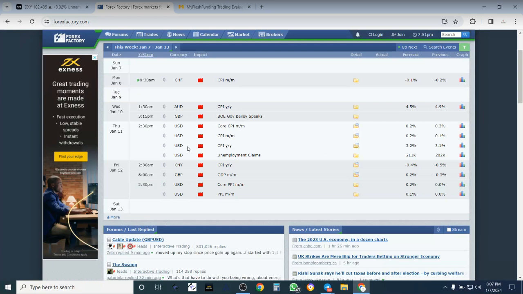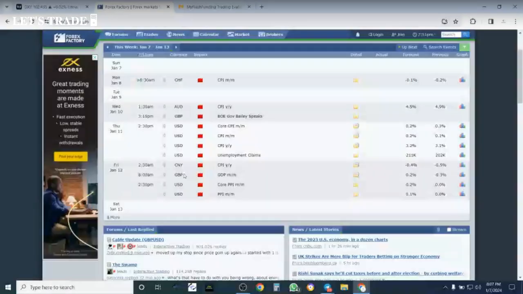It's going to decide if we are going to break below that monthly support zone or we are going to continue going higher, because I think after NFP, CPI is the next big news on the US dollar. I can't even say which is bigger now, whether CPI or NFP, but CPI is very, very volatile news in the market.